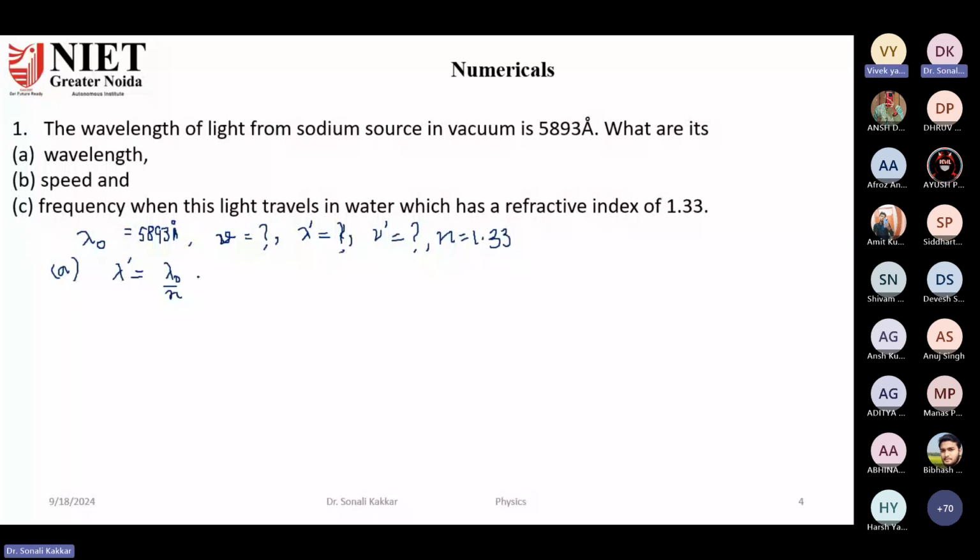So lambda is equal to 5893 divided by 1.33. When you divide this, you will get 430.8, or approximately 4431 angstrom.